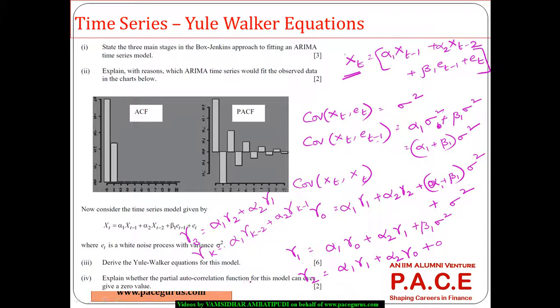Can the partial autocorrelation function for this model give a 0 value? First of all, we have beta 1 times e_{t-1}. The modulus of beta 1 will be less than 1, but obviously it is not 0.